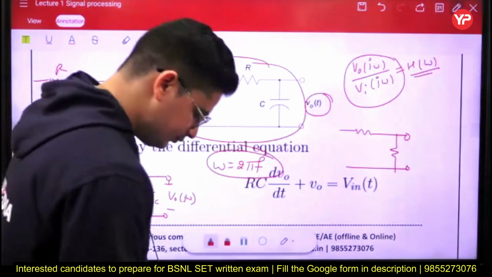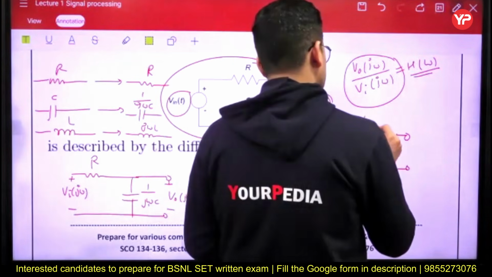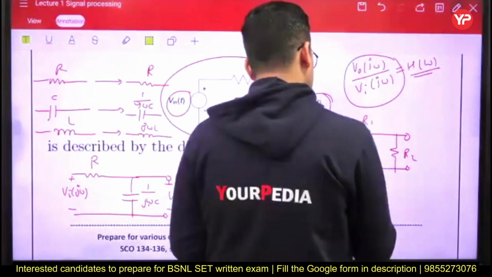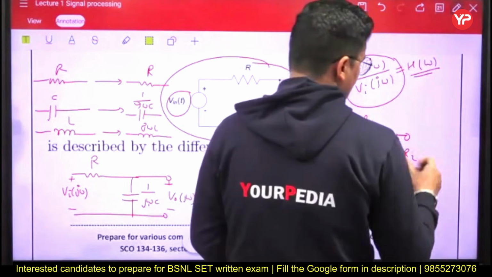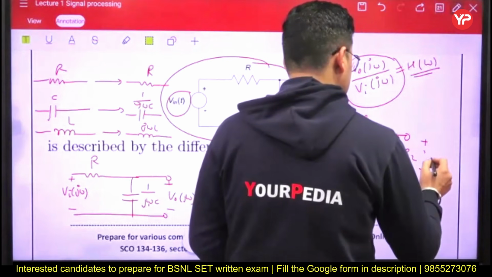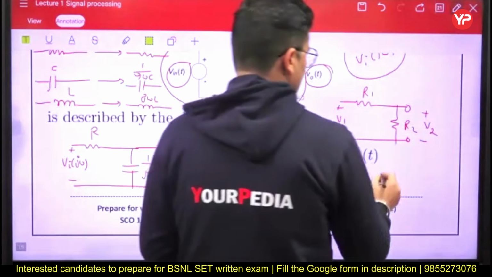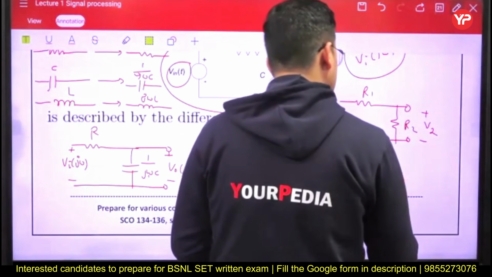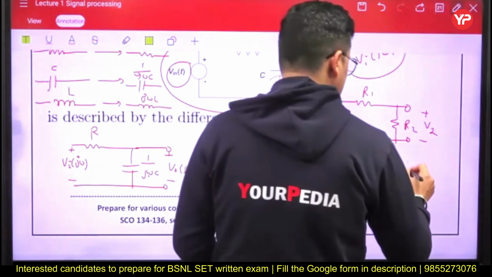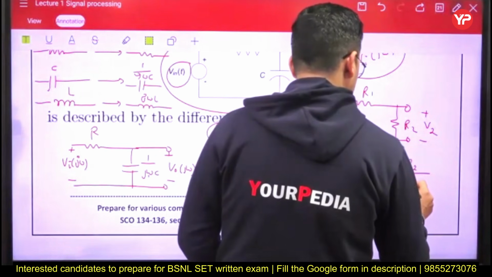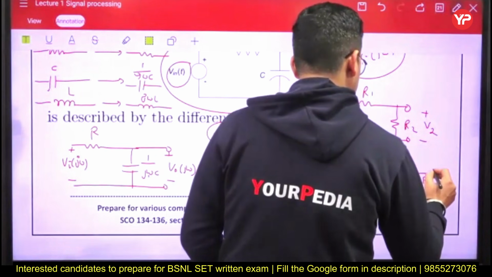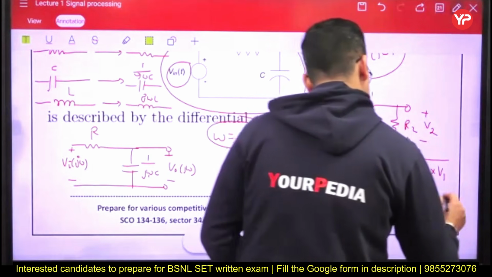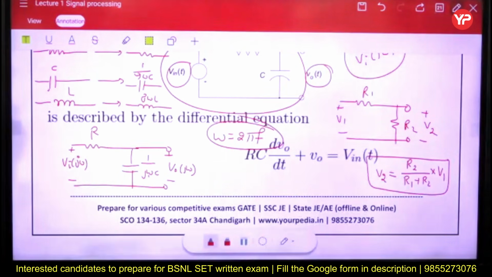If you have two resistances, R1 here and R2 here, and we have voltage V1, and we have to calculate the voltage across R2, we apply the voltage division rule: V2 is equal to R2 by R1 plus R2 into V1. This is called the voltage division rule.